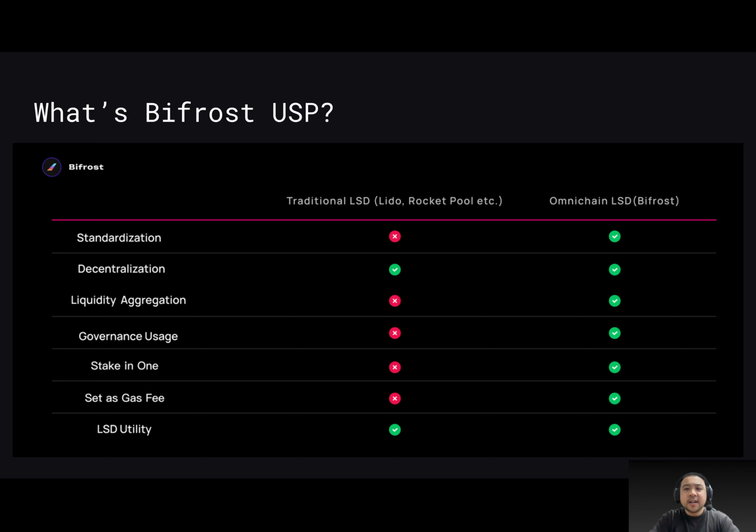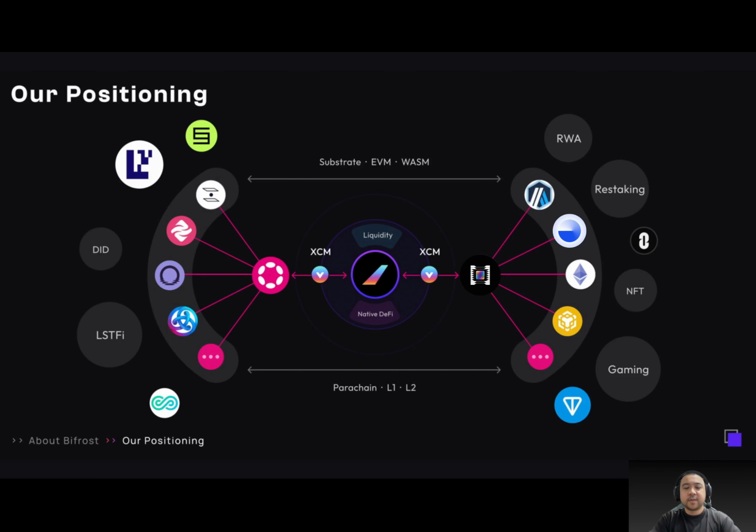So super great. You can see the unique selling point of Bifrost for us is the ability to offer a lot of different LSTs, for you to have big exposure to different LSTs essentially. So what is our positioning? Bifrost positions itself to be this bridge, right, between the Ethereum ecosystem and the Polkadot ecosystem and a bunch of other ecosystems as well.